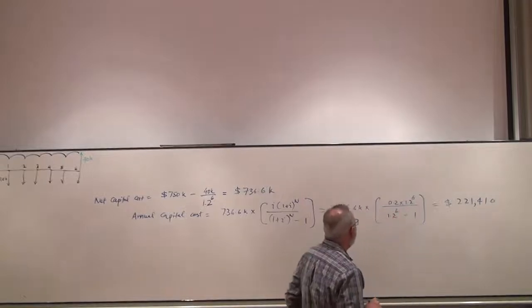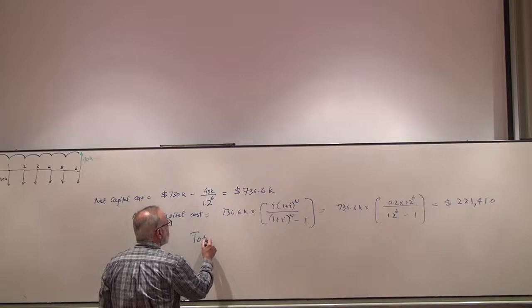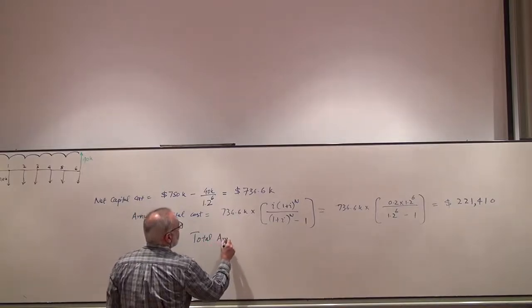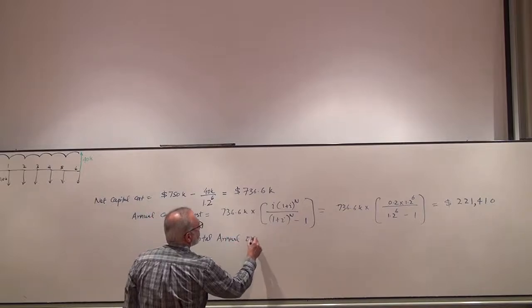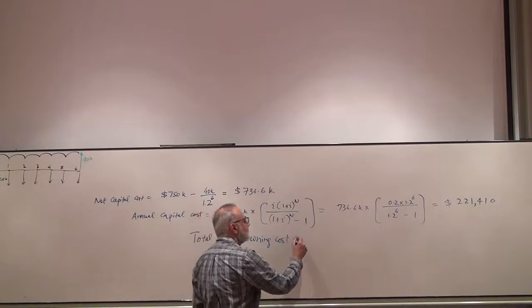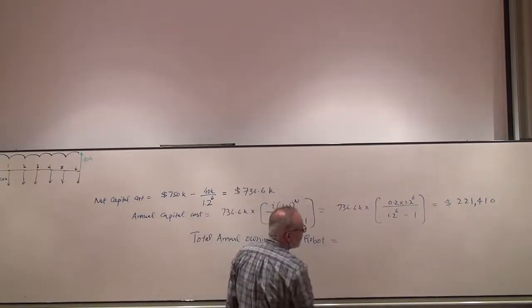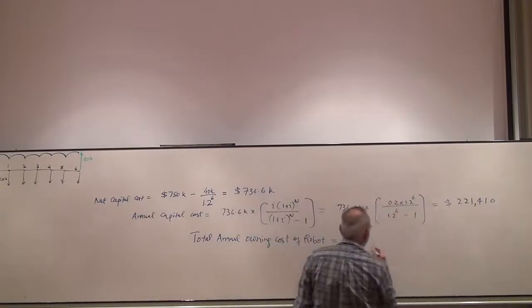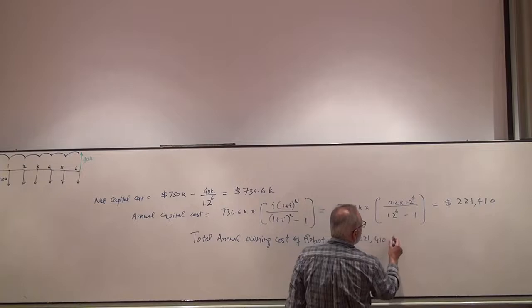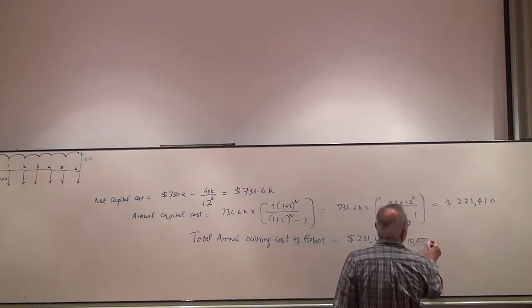And we have O&M cost also. We can say the total annual owning cost of the robot is equal to this value, $221,410, plus we have $10,000 O&M cost.